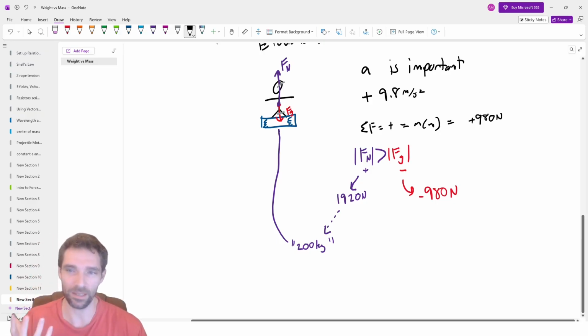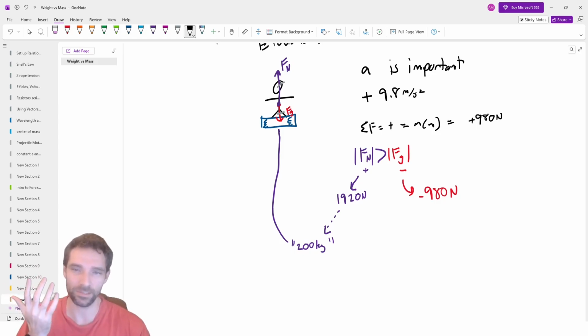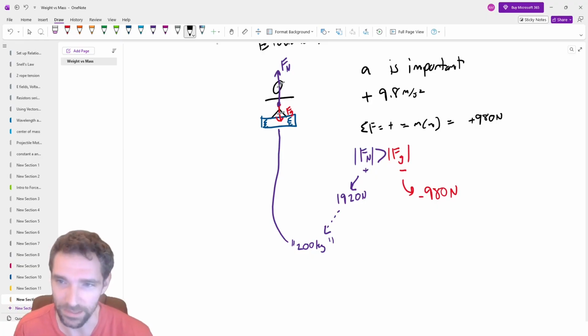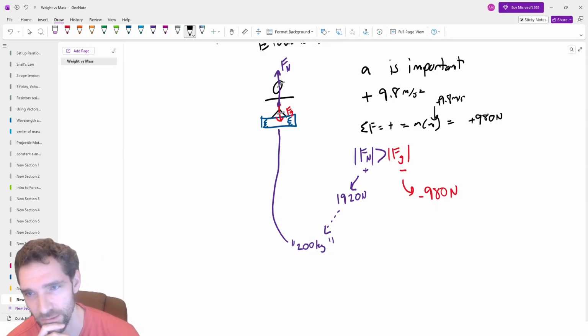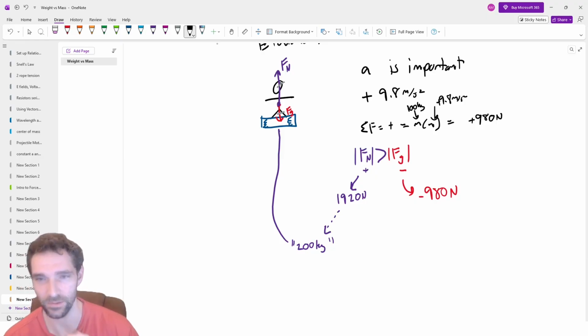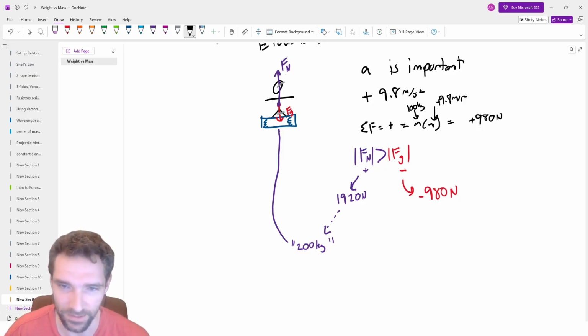So it's like I'm experiencing the same force as a net going upward than I would if gravity was just pulling me down. So that acceleration of positive 9.8 meters per second squared corresponds with my 100 kilograms to help me understand what's going on with the sum of forces.